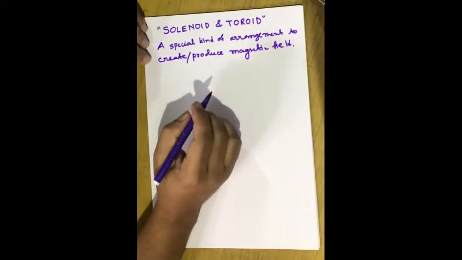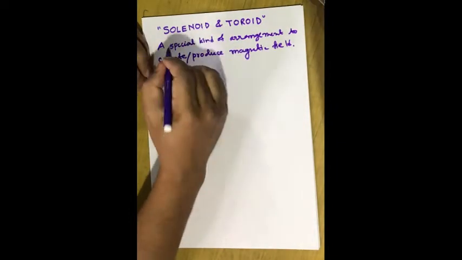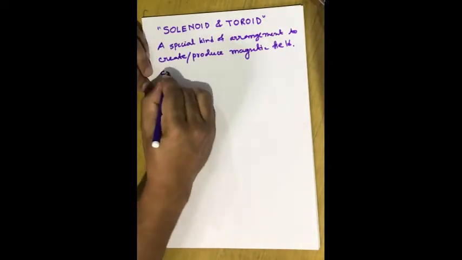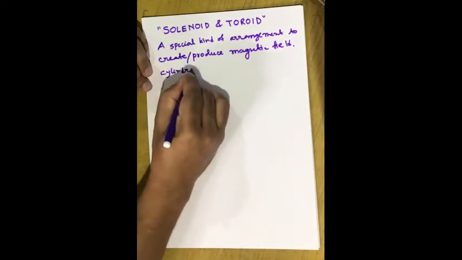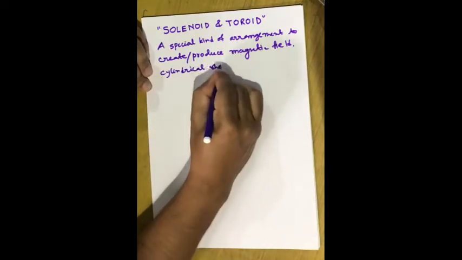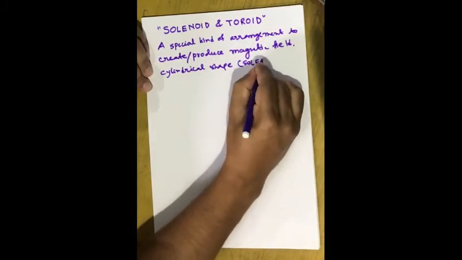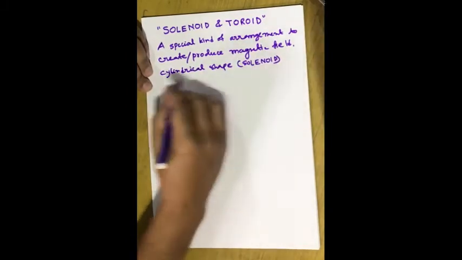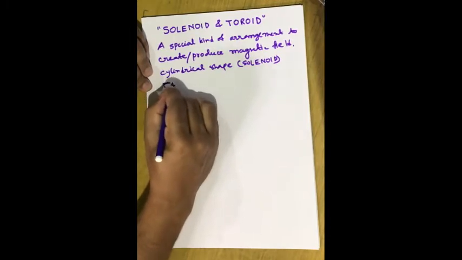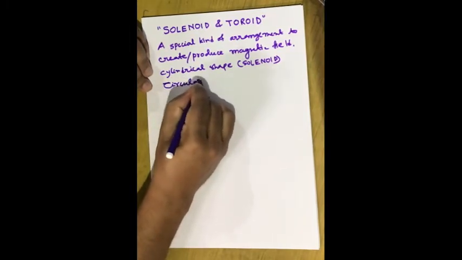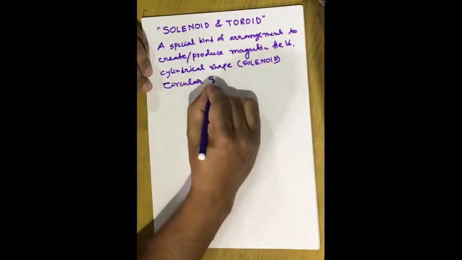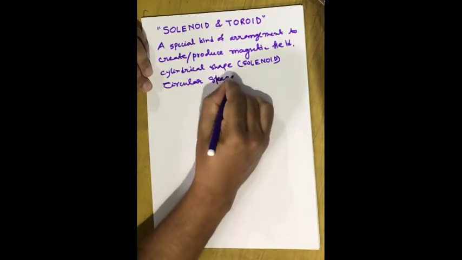The shape of the solenoid is cylindrical, and a toroid is a circular shape, in the form of a ring. This is a toroid.